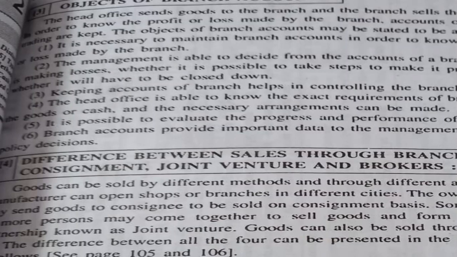So if they make a loss, then it will be treated as our loss. So we have to be aware of the profit and loss of the branch.